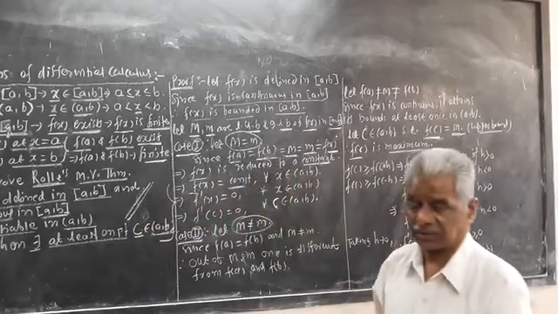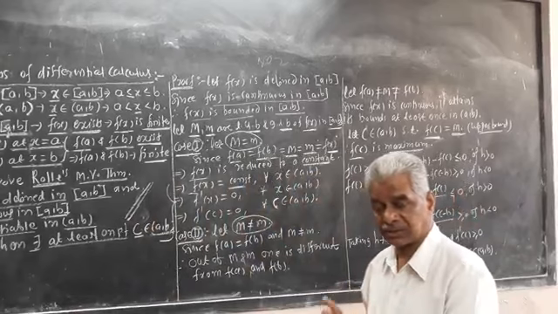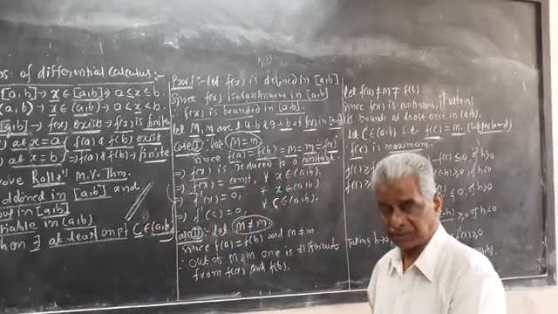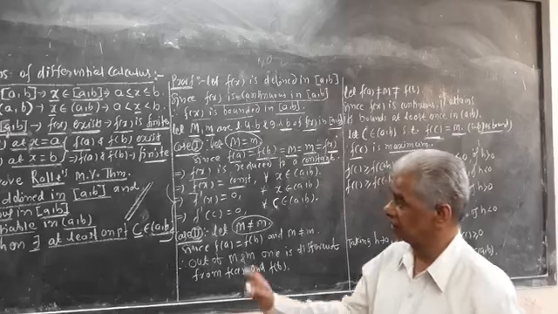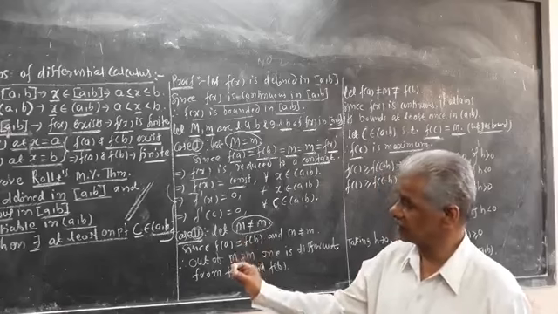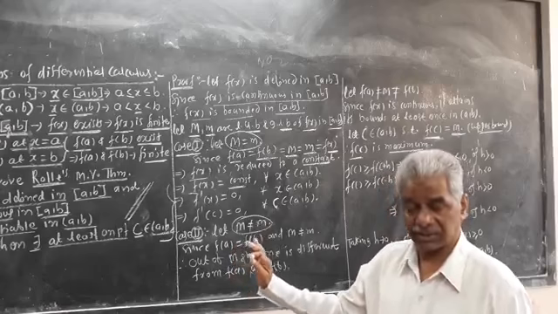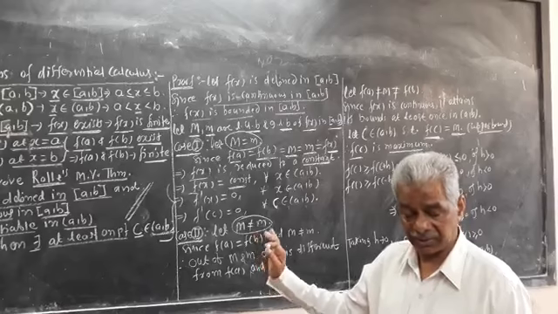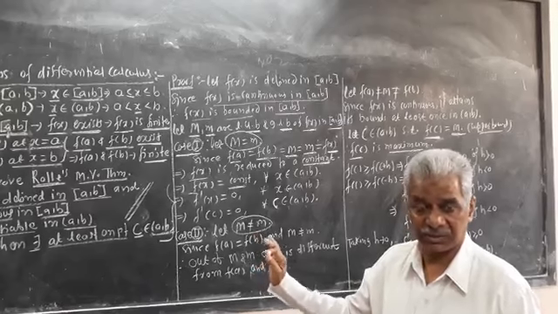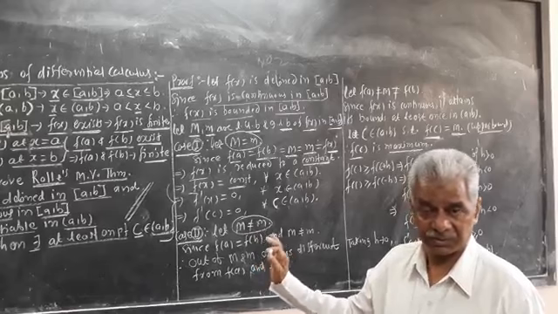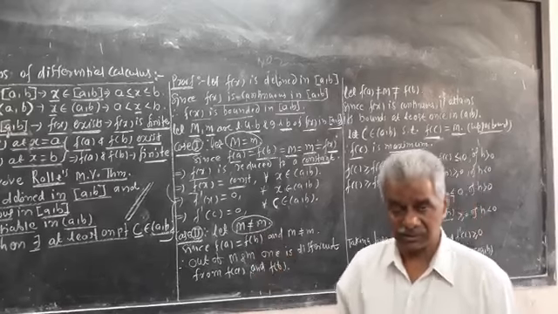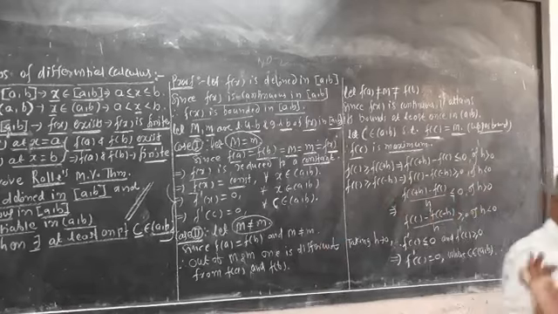Function is defined, function is continuous, function is differentiable, continuity in closed interval, differentiability in open interval. These are there while considering the statement of any mean value theorem. Next time we shall see next.